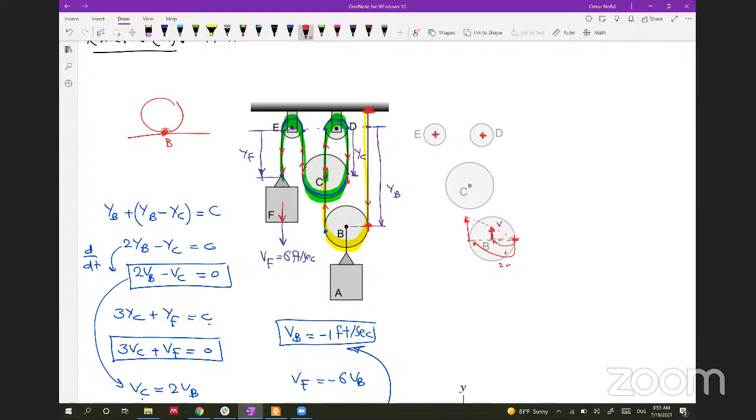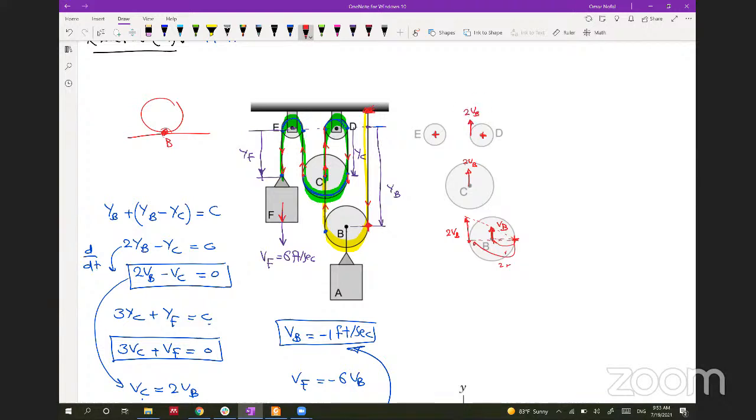If this pulley has VB at the center, then at the end of this pulley we will have 2VB. And this 2VB will be transferred because it's on the same cable. So here we will have 2VB, and this will keep going up, 2VB, up to this pulley. So you will have 2VB here.